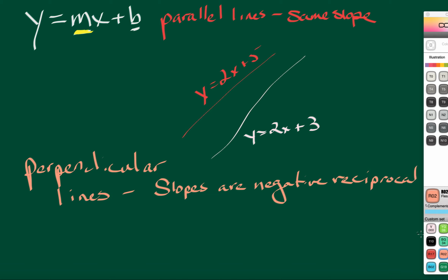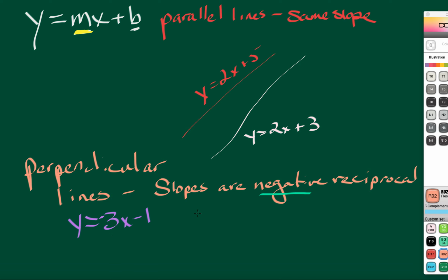So the negative piece, I know you understand, right? Negative we get. But negative reciprocal, okay, well, what's the reciprocal? If I have an equation that says y equals negative 3x minus 1, I want to know what the negative reciprocal of negative 3 is. Right? That's my job. My job is to find the negative reciprocal.